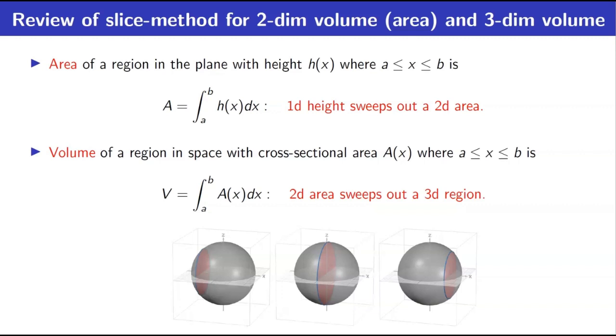Similarly, the volume of a region in space with a cross-sectional area A of x, as x varies from a to b, is given by the integral from a to b of A of x dx, and a two-dimensional area sweeps out a three-dimensional region. This is illustrated in the following figure. Keep in mind that we are still using a univariate calculus approach to finding volume.